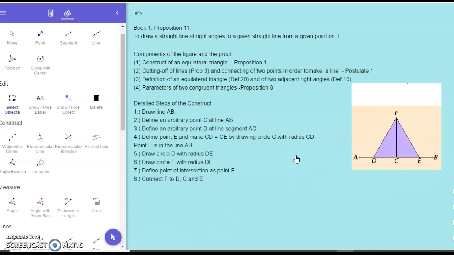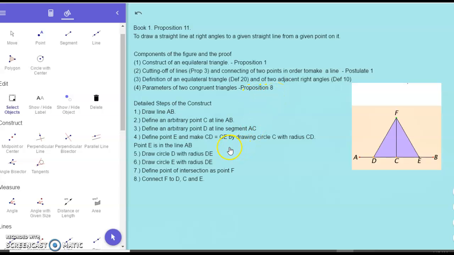We also have the definition of equilateral triangle at definition 20 and of two adjacent right angles at definition 10 here. And the parameters of two congruent triangles will be used also in the proving part, and we are being guided by proposition 8.